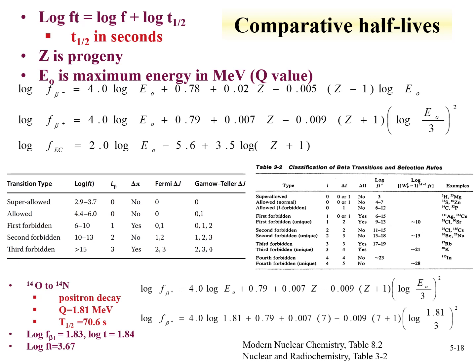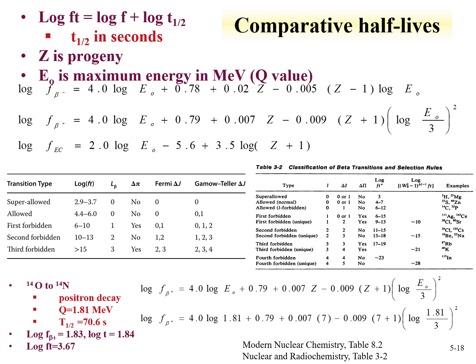Now we can use these equations to calculate some log FT values, and let's go for the positron decay of oxygen-14 to nitrogen-14. The Q value for this reaction is 1.8 MeV, and the half-life is 70.6 seconds.